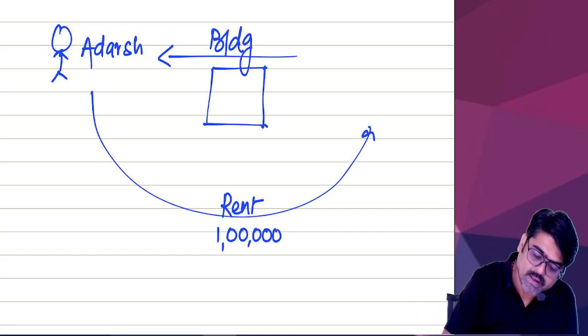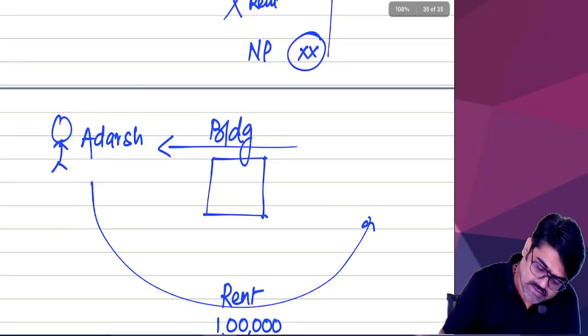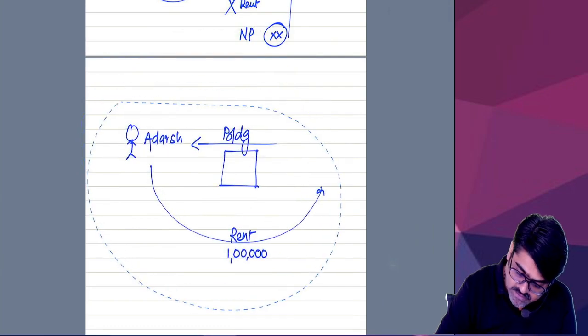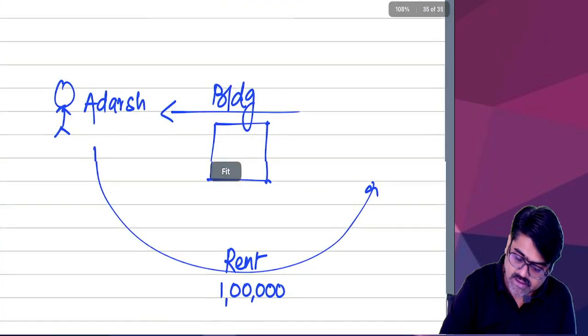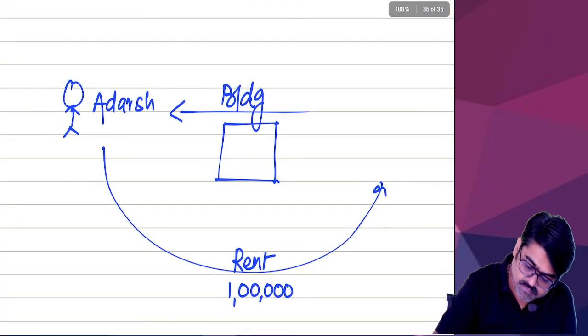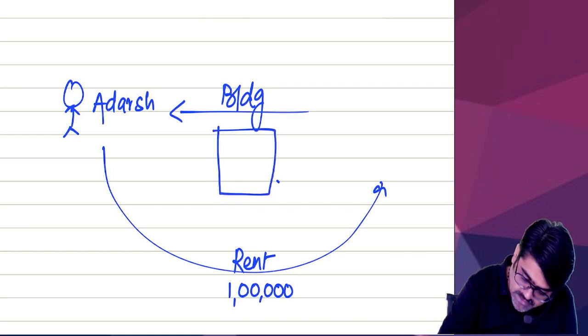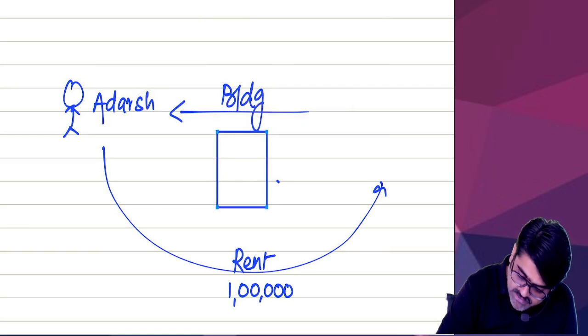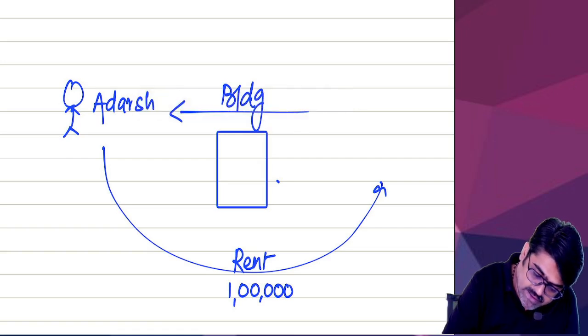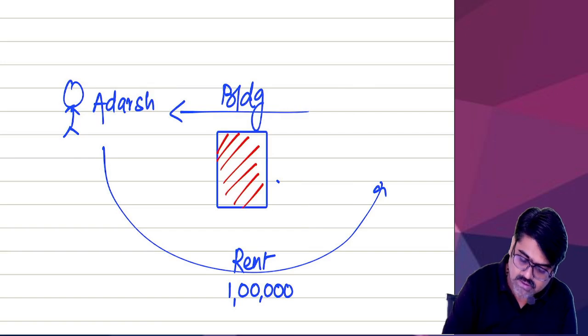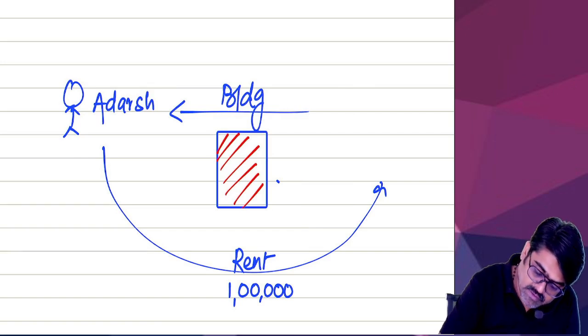And this building is used by Adarsh for his business or profession. Yes or no? Entire building is used? Tell me. Yes, full premises. So if I make the building properly, see this is the building. This entire building is used by Adarsh in his business or profession.